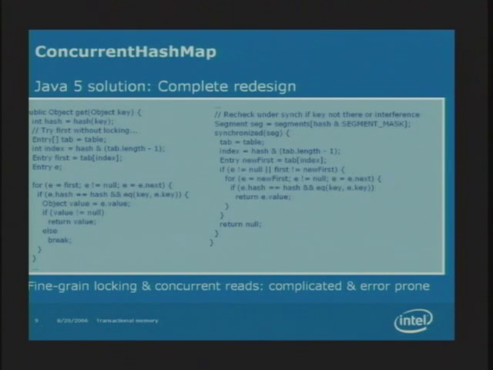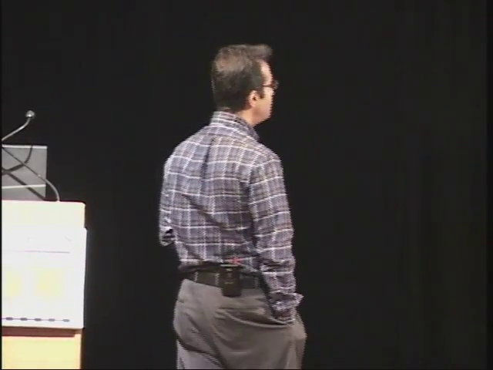But the reasoning that goes into this is actually quite subtle. And this code was written by a threading expert, and it went through several years of review in the Java community to make sure that it's correct. So you can do this with locks, but it's a lot more complicated, it's a lot more code, it requires subtle reasoning, and it risks introducing new kinds of concurrency bugs into the program, namely race conditions and deadlocks.